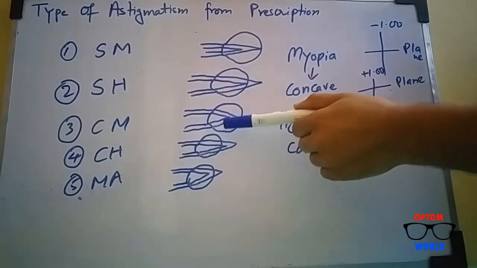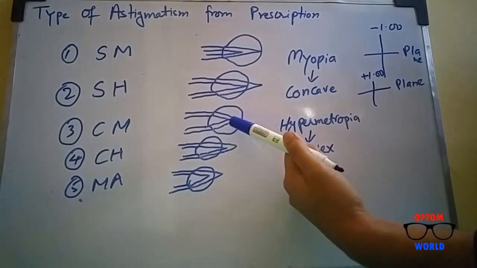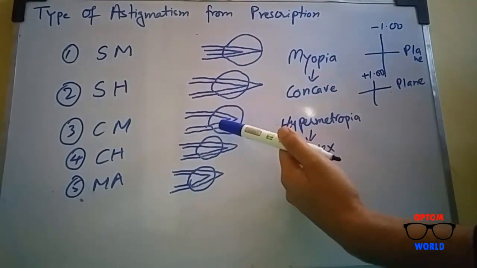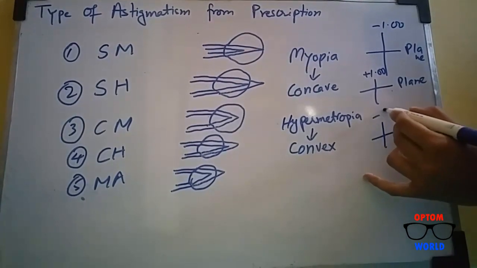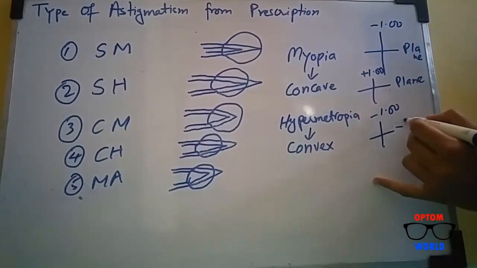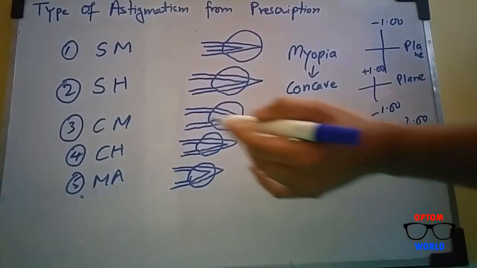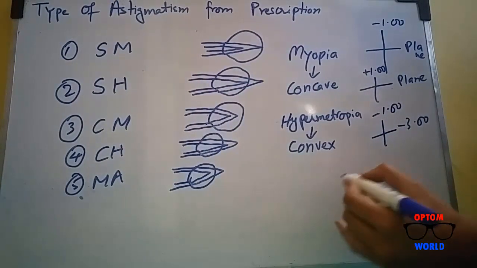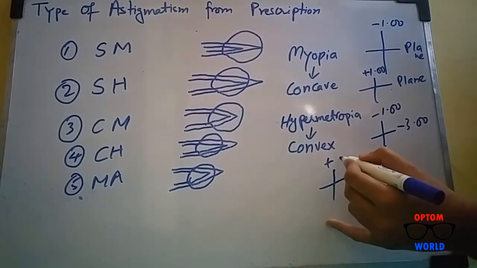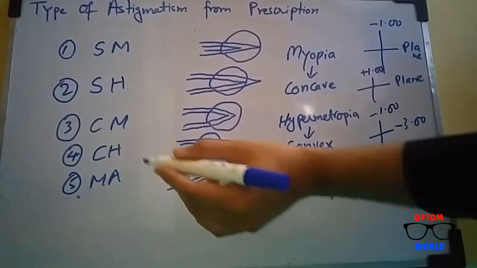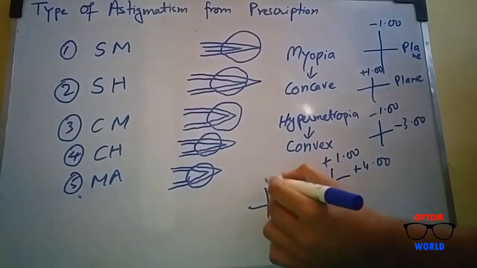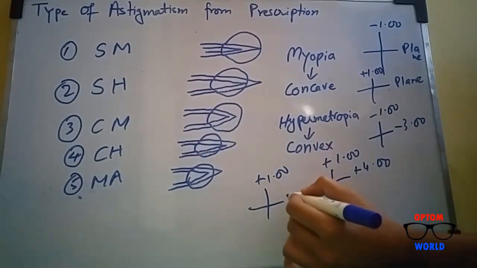In compound myopic astigmatism, both meridians focus the light in front of the retina. It means that both meridians have negative power, let's say -1 here and -3 here. And in compound hyperopic, both meridians have plus power. And in mixed astigmatism, one meridian has plus power and the other has minus power.